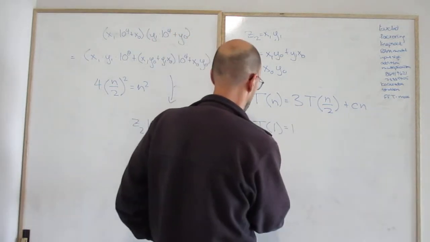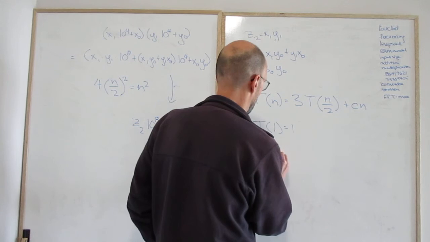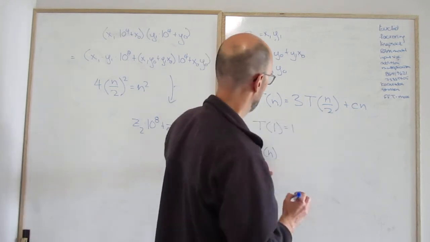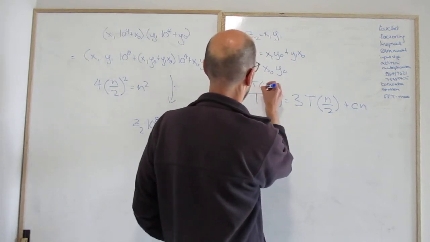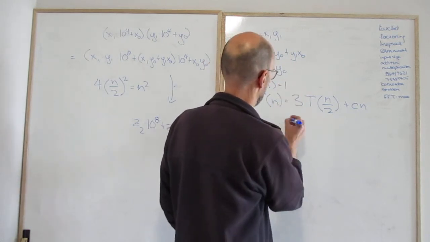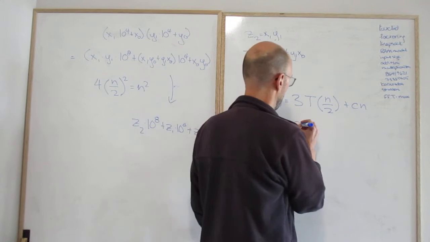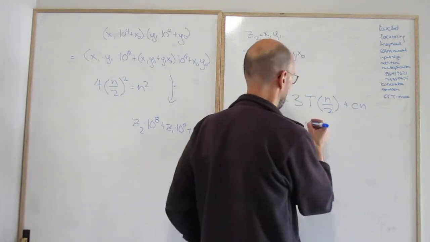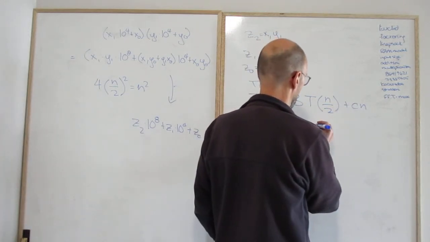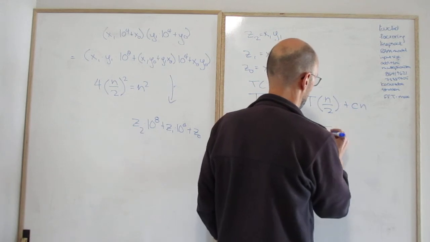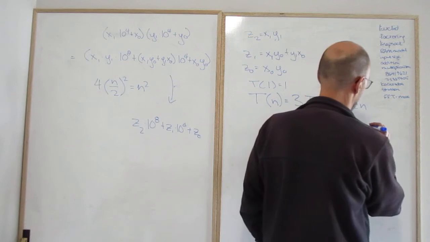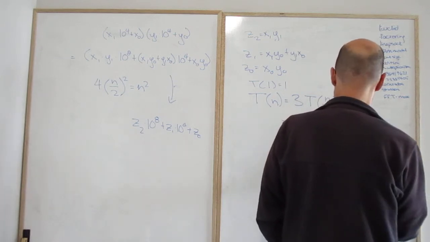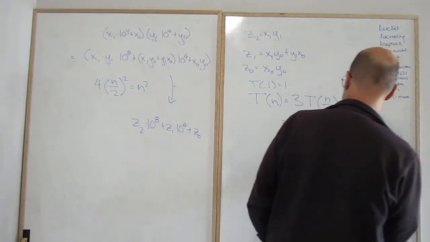Well, what you're going to do is say T(n), and just assume that T(1) equals 1, but I want it written up here. So this equals 3T(n/2) + cn. Well, we can plug this in and ask, what's T(n/2)? That's 3T(n/4) + cn/2 + cn. And what is T(n/4)?